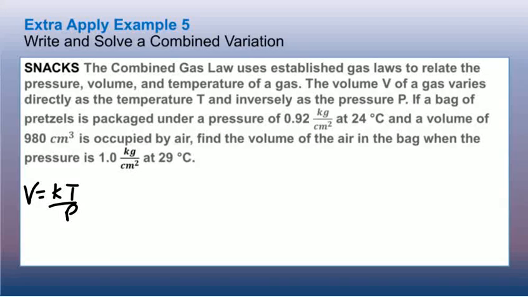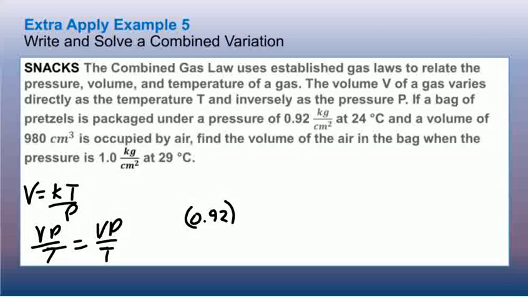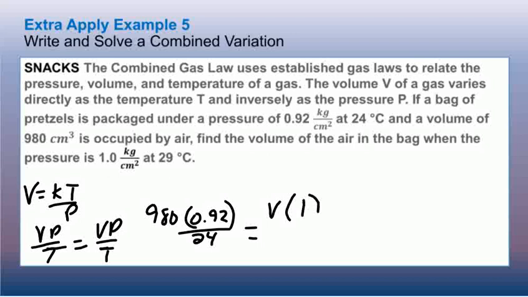If we solve for K, this is going to be VP over T equaling VP over T. So if I substitute the numbers in, if a bag of pretzels passes under pressure, so pressure 1 is 0.92, at the temperature of 24 and a volume of 980, find the volume in the bag when the pressure is 1 and the temperature is 29.